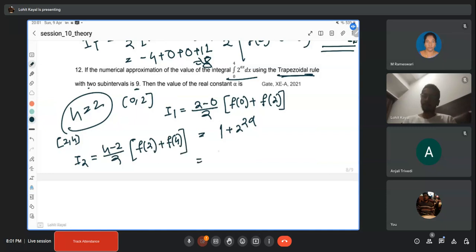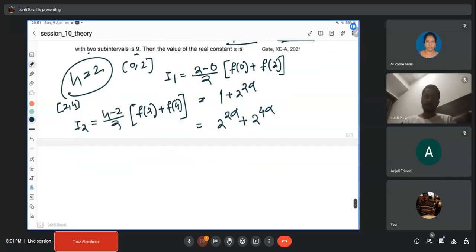So this is equal to 2 to the power 2 alpha plus 2 to the power 4 alpha. So what will be the final answer? I equal to I1 plus I2, and this result will be equal to 1 plus 2 into 2 to the power 2 alpha plus 2 to the power 4 alpha.